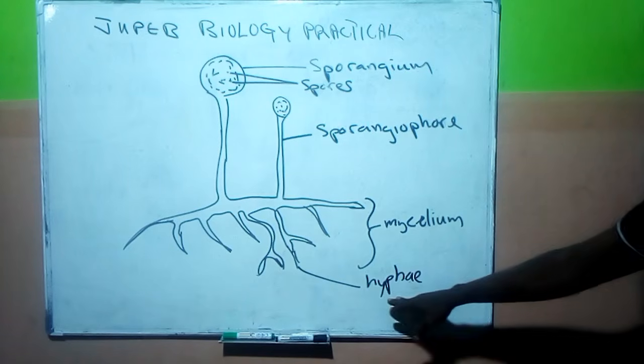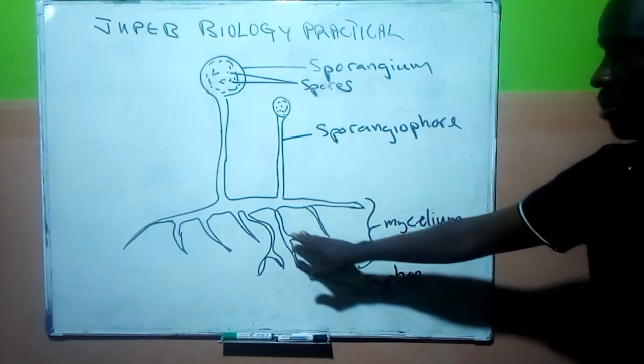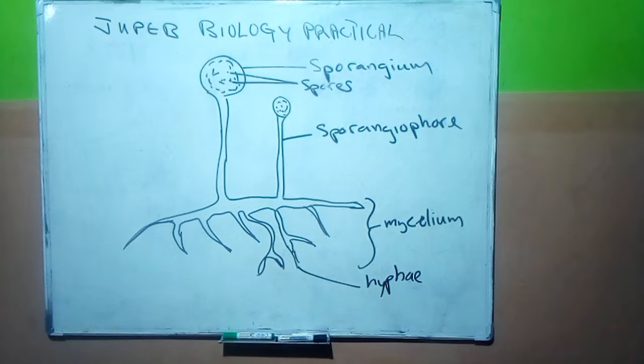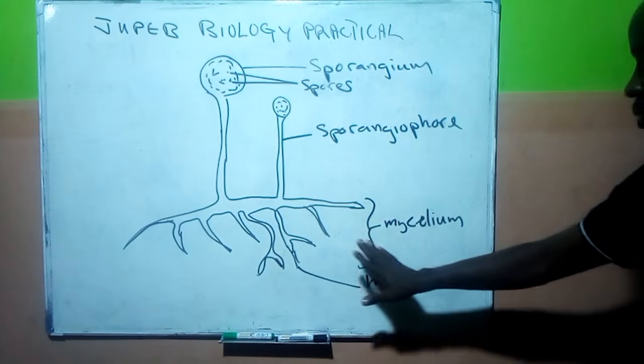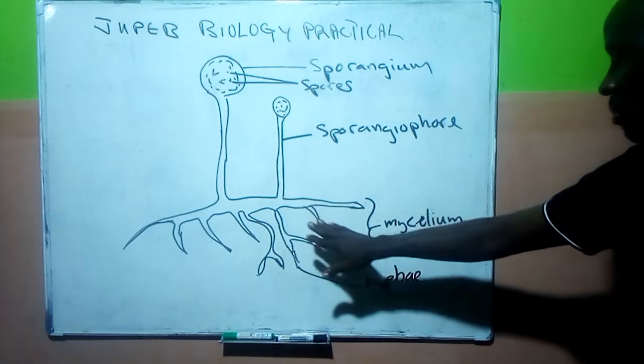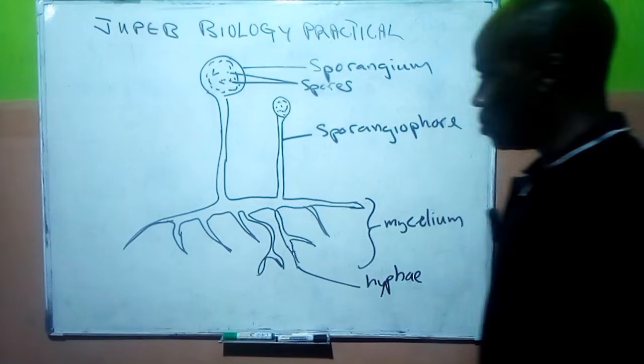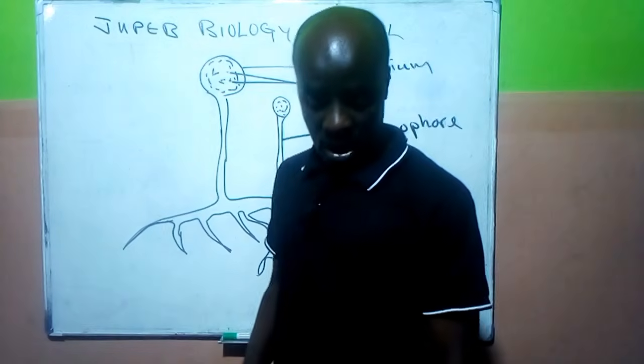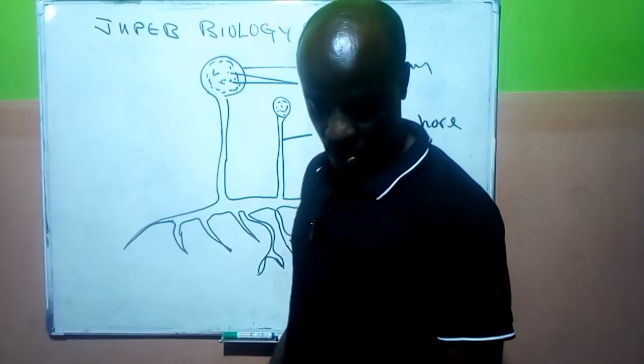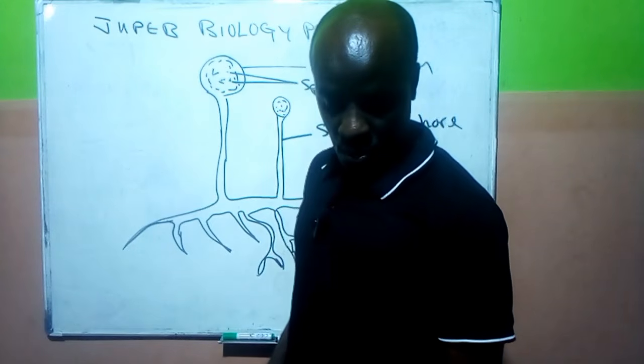This is the hyphae, which help them in absorption of nutrients from the substrate. So it gets into the soil and helps them to absorb nutrients. The whole of it is what we call the mycelium. This is the whole structure that we have here. Like I told you, it belongs to the kingdom we call fungi.